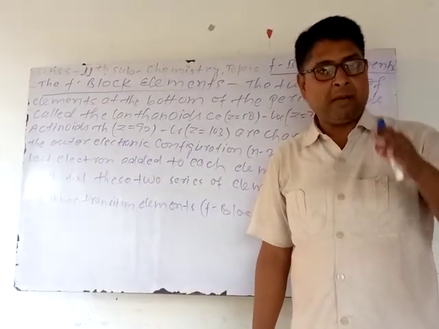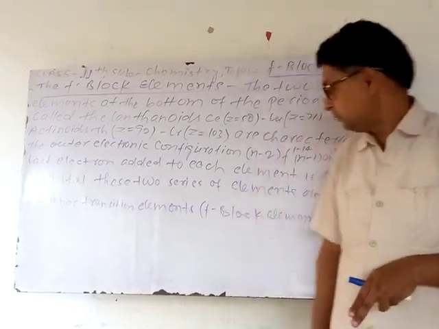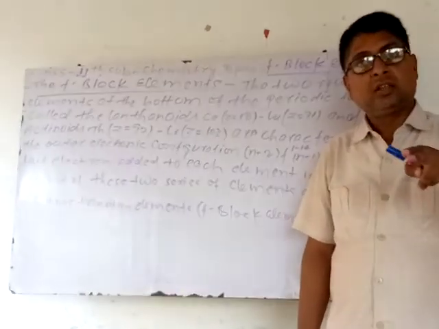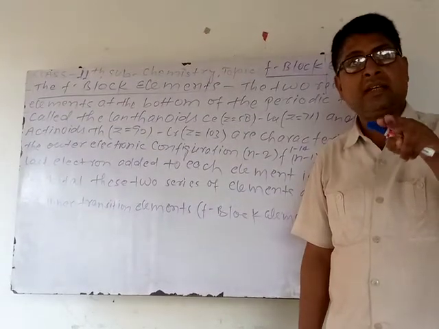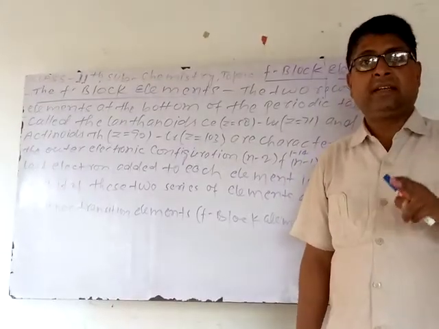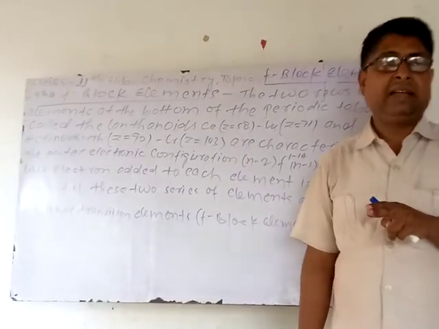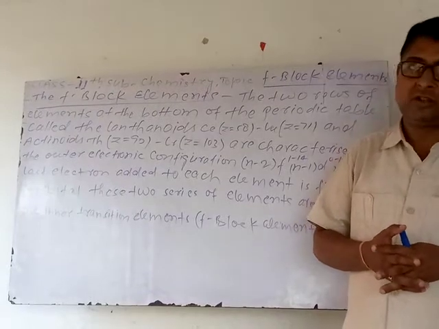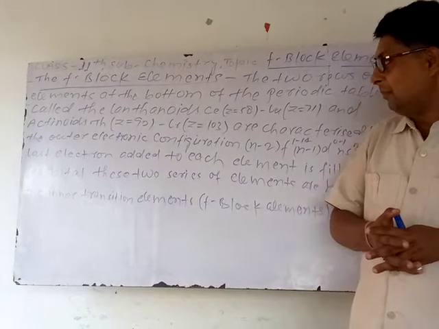The two rows at the bottom of the modern periodic table represent the inner transition elements. The outermost electronic configuration (n-2)f1 to 14 (n-1)d0 to 1 and ns2 represents the f block elements.